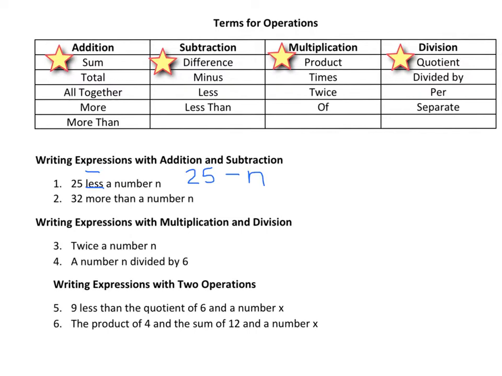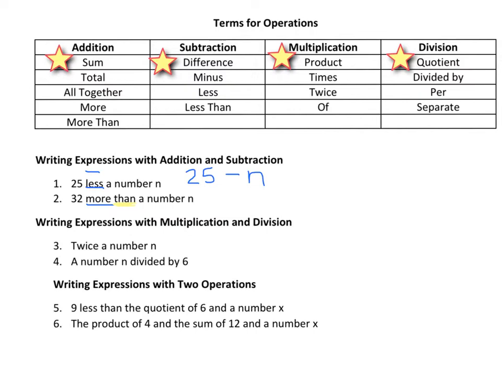Number 2 says 32 more than a number n. Identifying our operation, we underline more than. Now in the last problem I told you that most of the time you're going to write it in the order that you read it. When you see more than or less than, that's when you don't write it in the order that you read it.